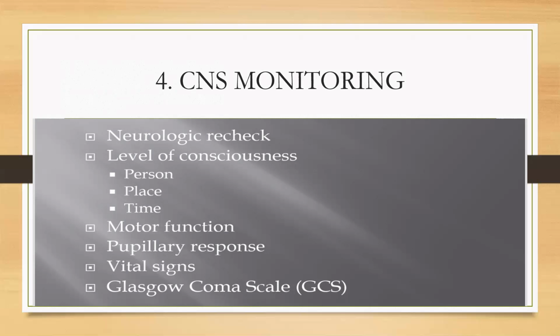Next and foremost important point is CNS monitoring, which includes neurologic recheck, level of consciousness like person, place, and time orientation, motor functions, pupillary response, vital signs, and Glasgow coma scale.